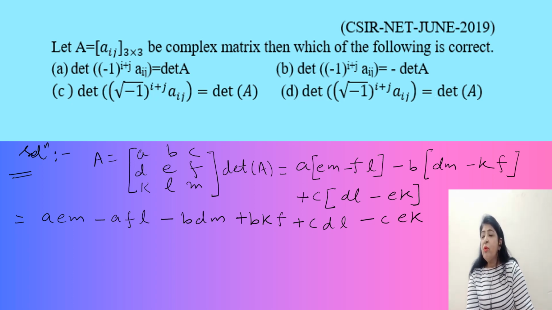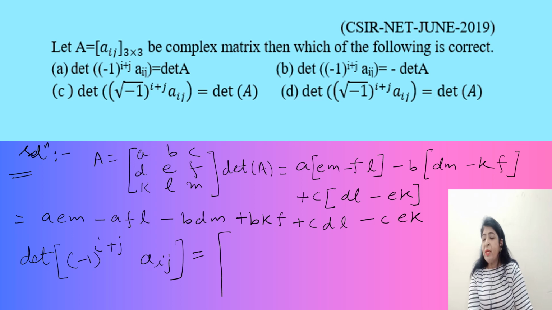Now what are you given? You are given the determinant of minus 1 raised to power i plus j aij. Clear? So how to write its entries?